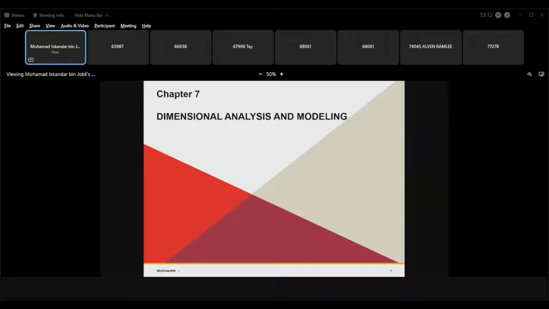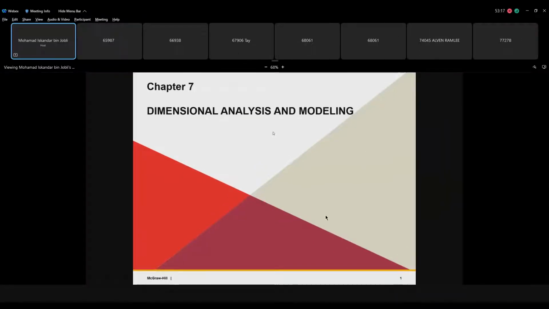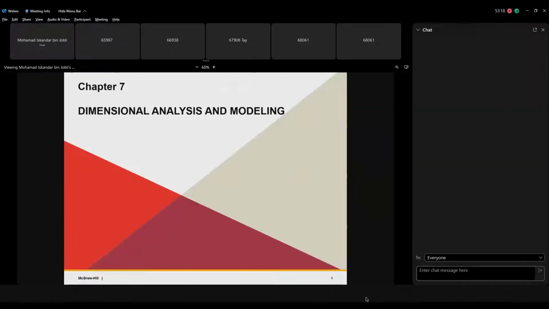But then again, the application later on towards modeling may not be that simple. I'm not trying to scare you, but this is something that you have to take seriously. We shall study about the dimension, analyze it, and then do modeling only after you have understood what dimension really is.